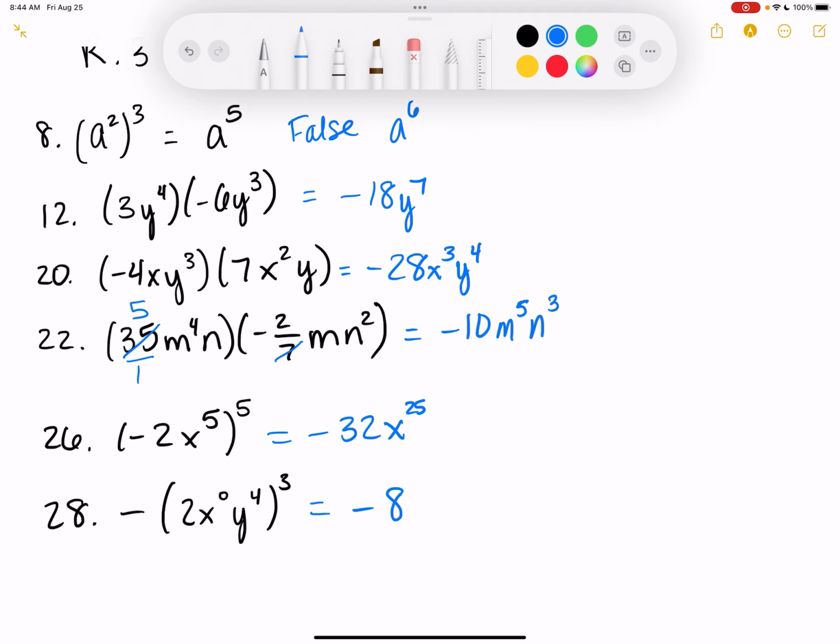Yep, so we've got negative 8, and then anything raised to the 0 power is what? 1. So basically my x is just going away because this is becoming 1. And then y to the 4th cubed would be what? Yep. y to the 12th.